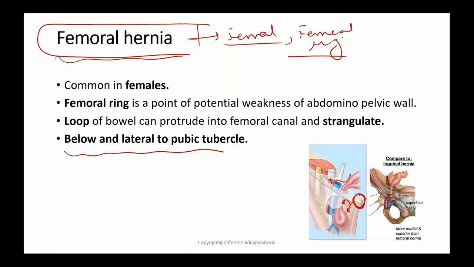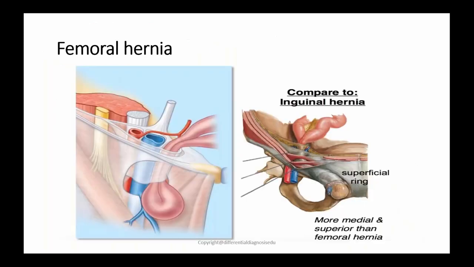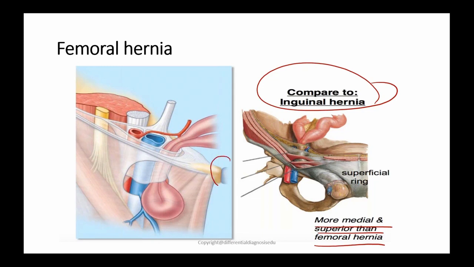Why is it important? Because if you compare femoral hernia with inguinal hernia, inguinal hernia is more medial and superior than femoral hernia. So you can see this is pubic tubercle, pubic symphysis. In terms of femoral hernia, you can see this is below and lateral.